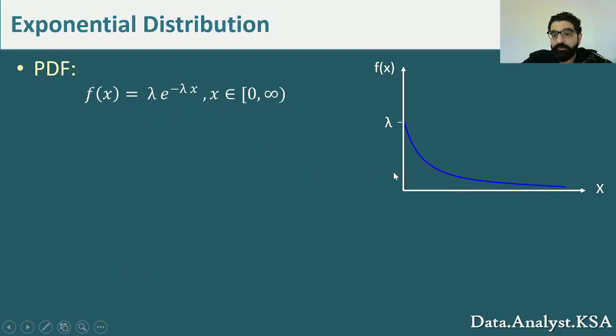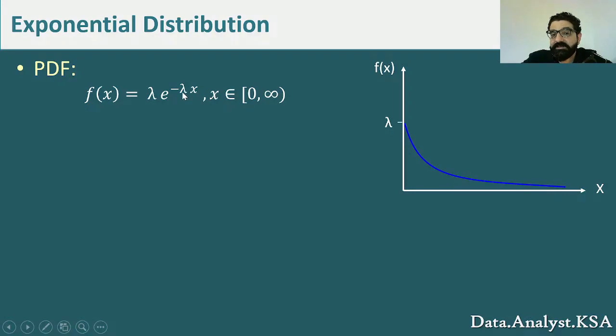So hence, if you notice, if I use the value 0 for my x, it will be lambda times 1, right? So it will be lambda at point 0, and until infinity it will have different values, but this value shrinks very quickly because of the e to the power of minus lambda times x.